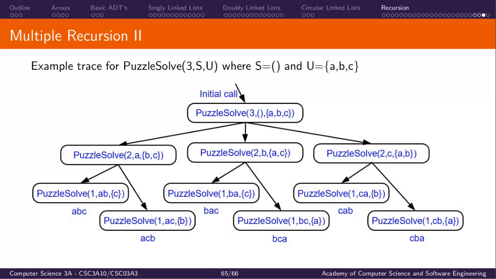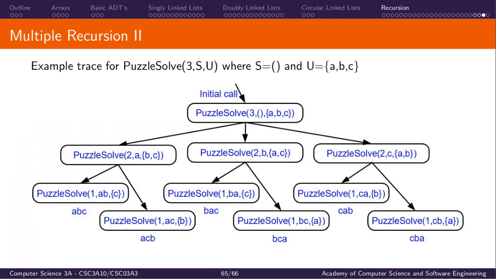If we had a set with 3 elements A, B, and C, and wanted to figure out all the different permutations of A, B, and C, not just our 3-length ones, and we wanted to test these against some puzzle to see if they work, then we could figure out these different permutations by taking out one element from the set and recursively calling the function using that element. And we do this for every element in our set.